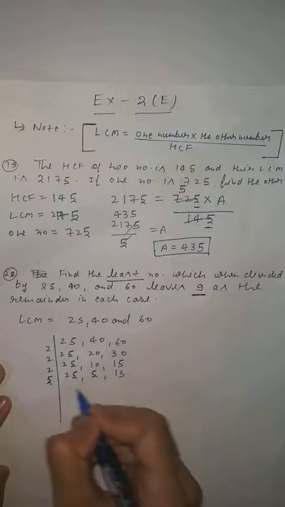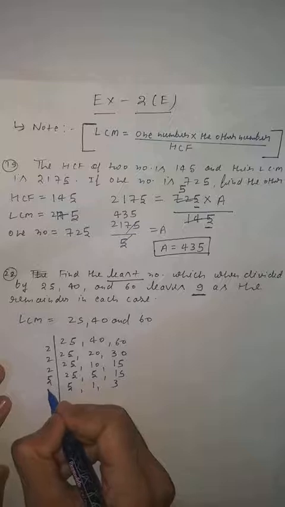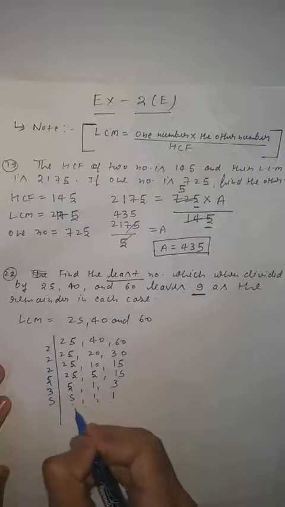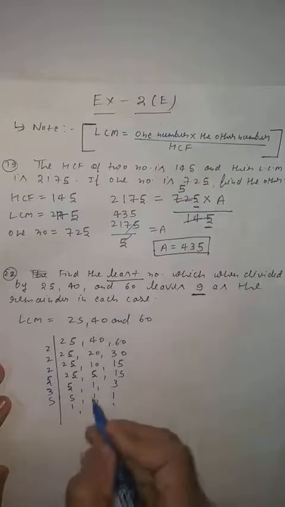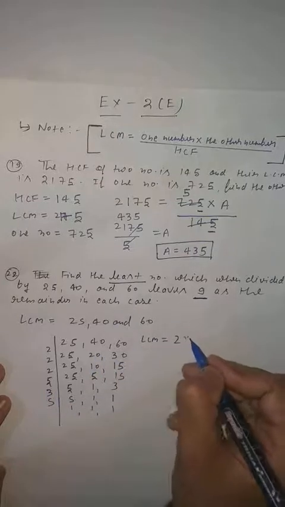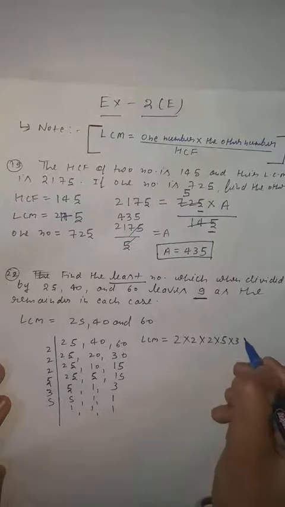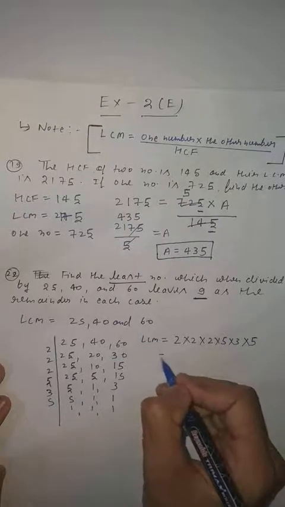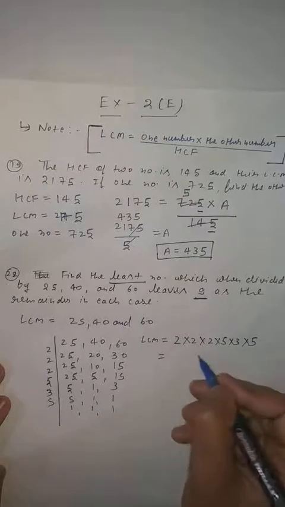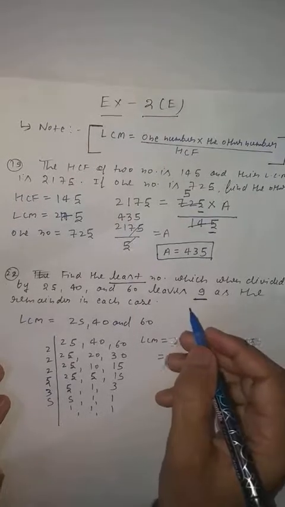You will choose 5. 5 5s are 25. 5 1s are 5. 5 3s are 15. Then 3, 5, then 5. Now what is the LCM? LCM is 2 multiply by 2 multiply by 2 multiply by 5 multiply by 3 multiply by 5. So this will come what? 2 2s are 4, 2s are 8, 5s are 40, 3s are 120, 5s are 600. So the LCM is 600. Now what I explained to you, least number you have to find out.